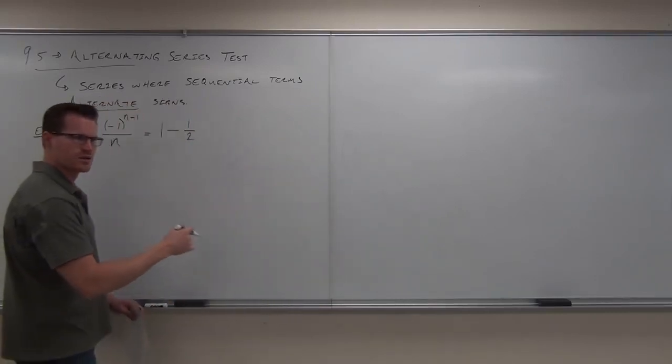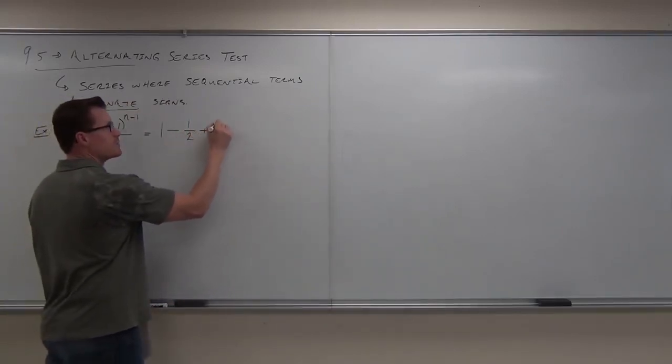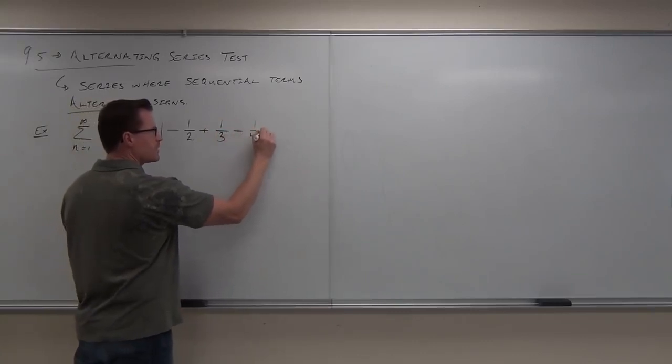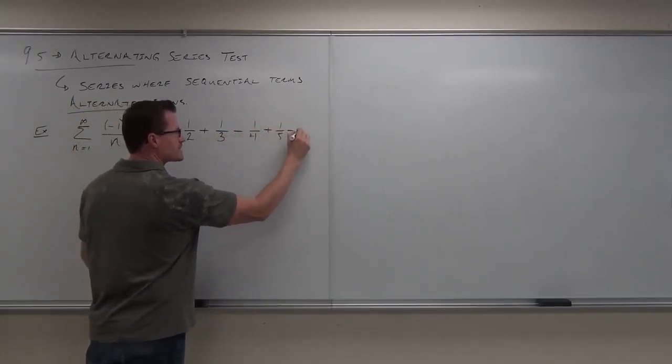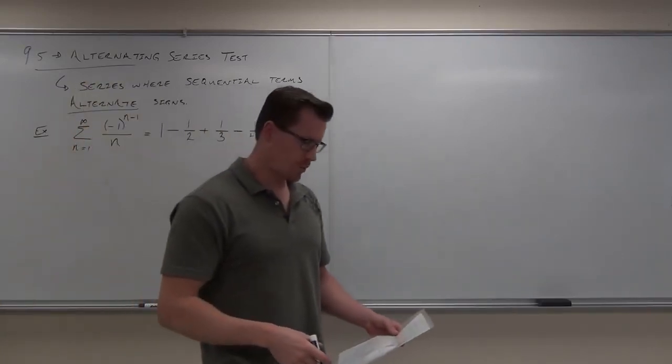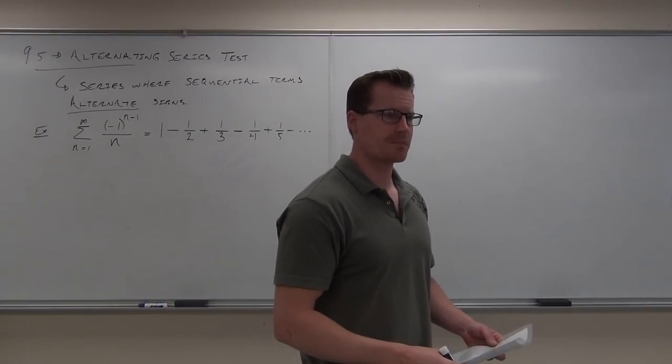Are you guys getting the picture here? So the next one would be plus 1/3 minus 1/4 plus 1/5 minus, and it doesn't end. That's the way your alternating series will look. You okay with that? Yeah.